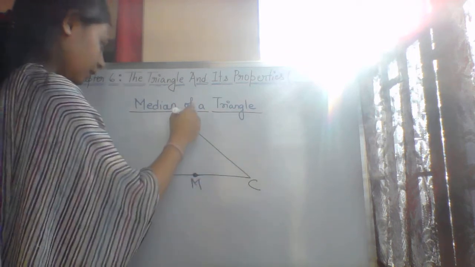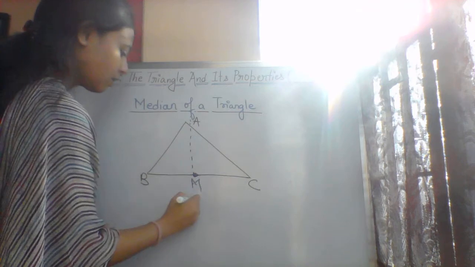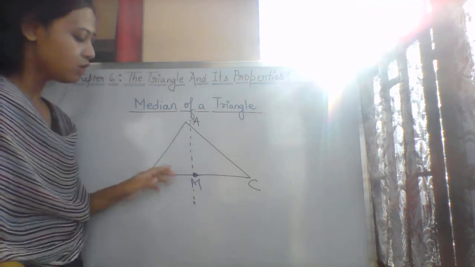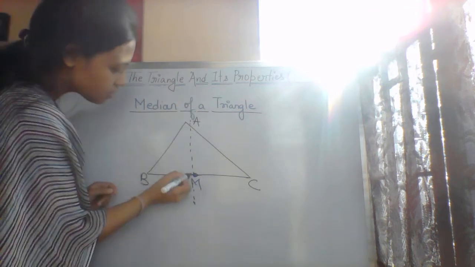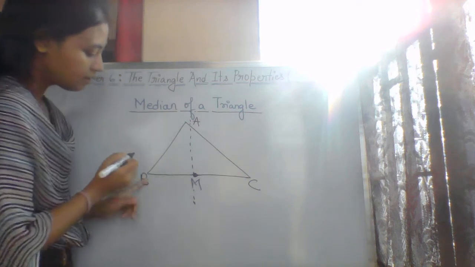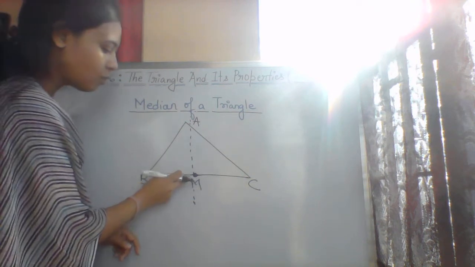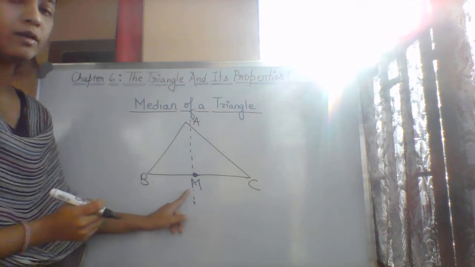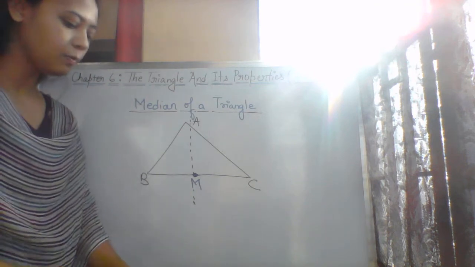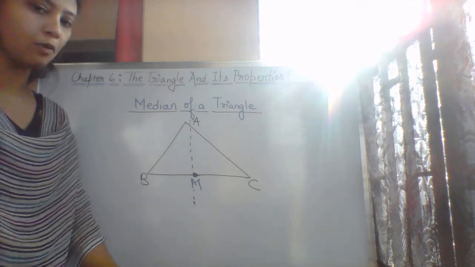You will get this kind of line, or impression. You will see that the impression is cutting BC, and that point will become our midpoint.